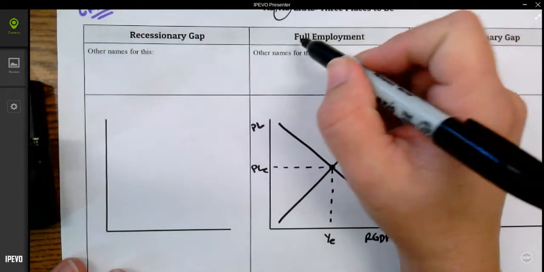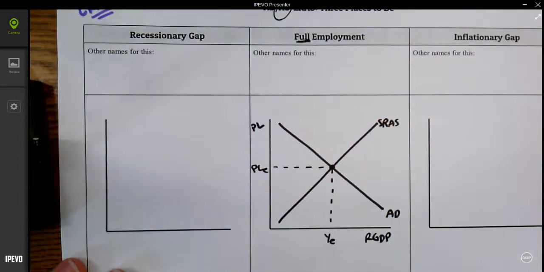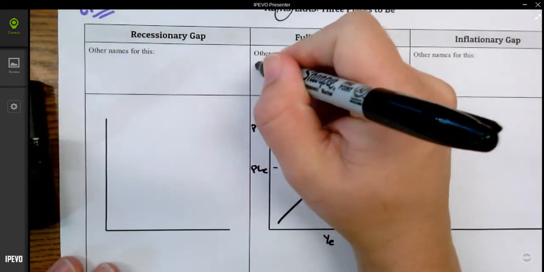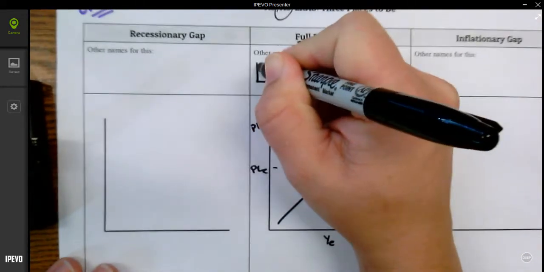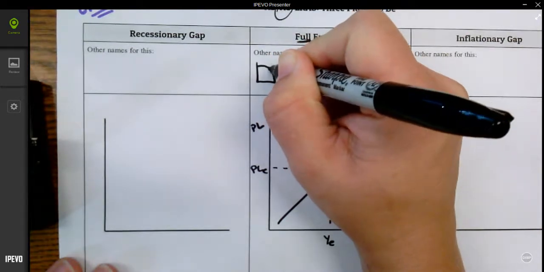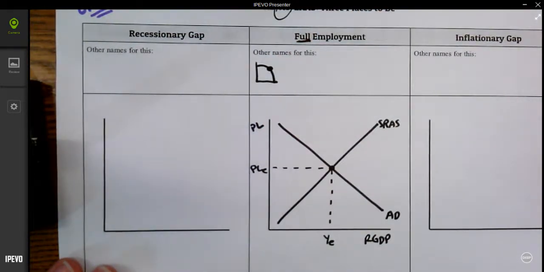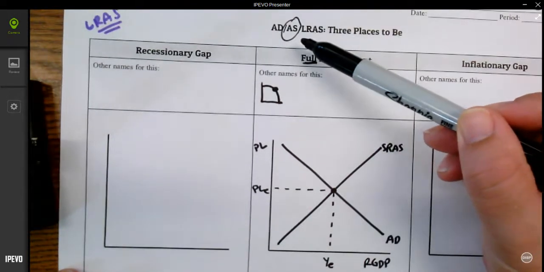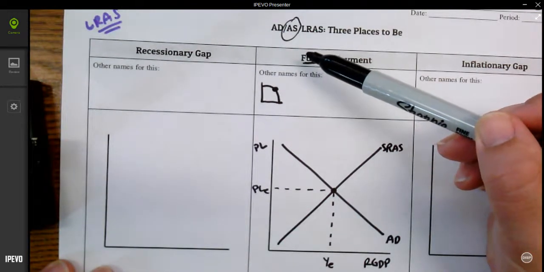Okay. So full employment, what does that mean? You have learned from other units that full employment, when we look at the production possibilities curve, looked like a point that was hovering right on the line. I like to say that the aggregate demand, aggregate supply graph is a different window into the same economy.